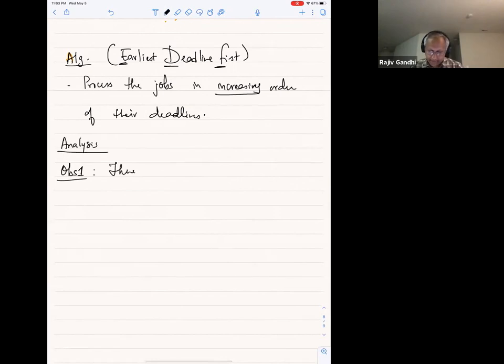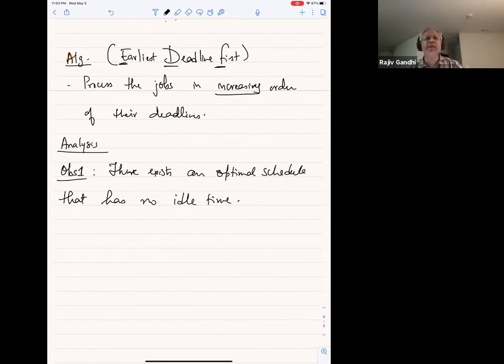There exists an optimal schedule, that is God's schedule, you can think of it, that has no idle time. That is, the machine is never free. It is always being used until all jobs are finished. Do we agree with this? There exists an optimal schedule with no idle time.